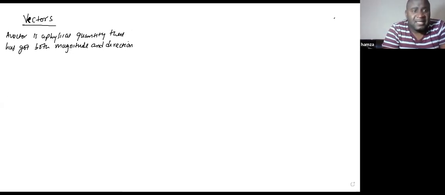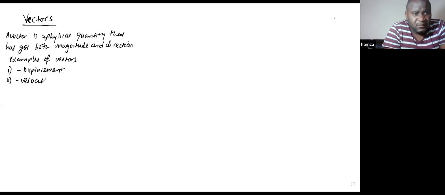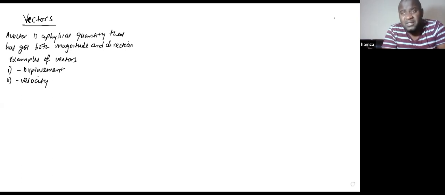So among the examples of vectors, one includes displacement. Two, we have velocity. We have velocity and we have speed. Velocity ideally is speed in a specified direction. But if someone just mentions speed, speed is not a vector.